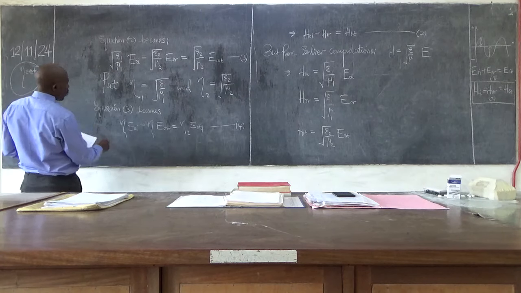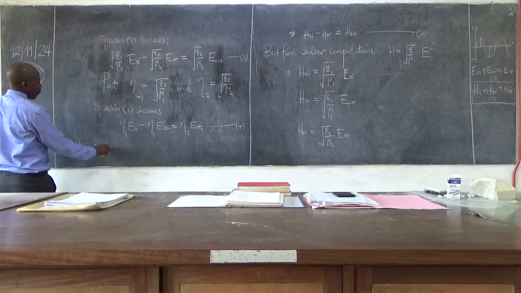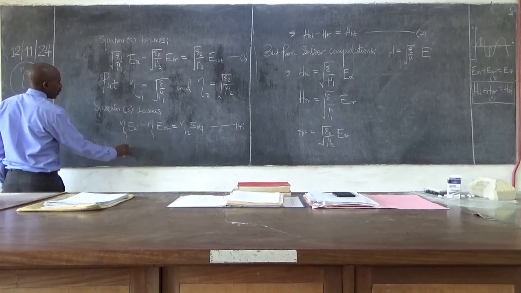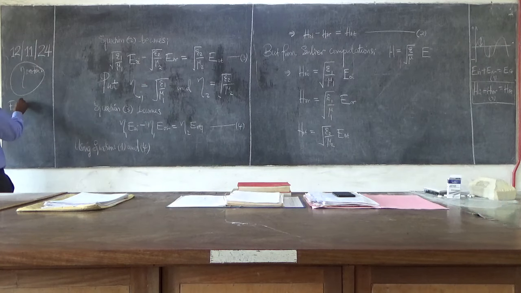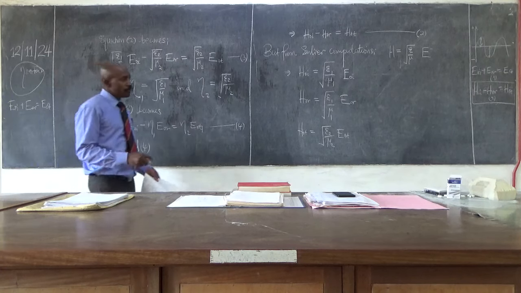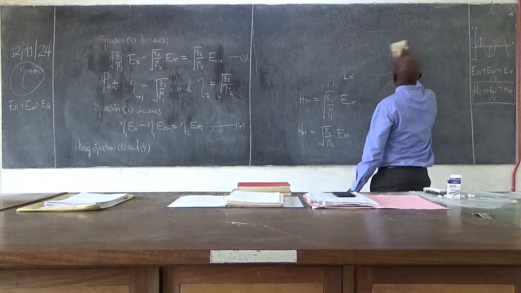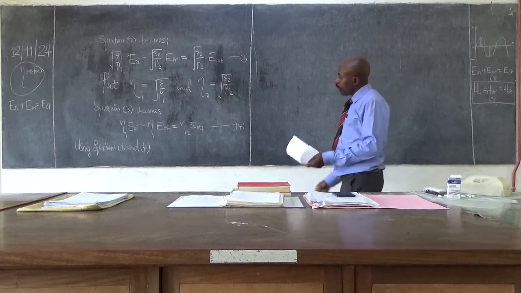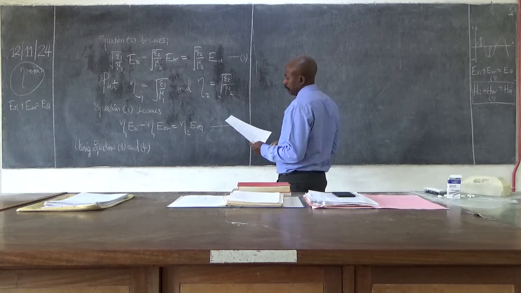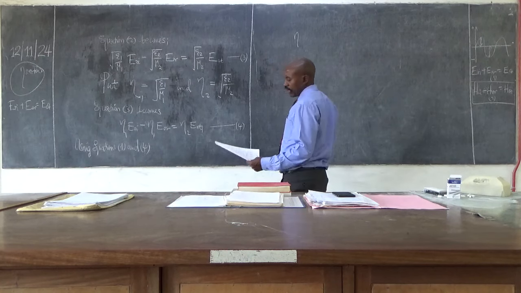Using equations 1 and 4, equation 1 is nRi plus nR equal to nRt. So this would imply that we shall get the eta 1. What did I say?